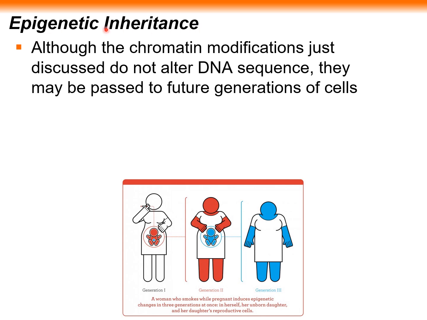So epigenetic inheritance, and you've heard me really wax poetic about this, that things like stress or trauma or environmental factors can lead to changes in DNA methylation patterns that get passed on across generations.